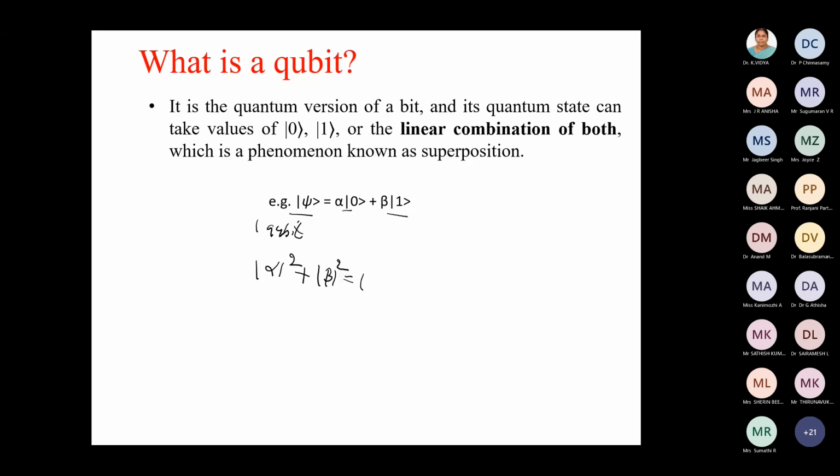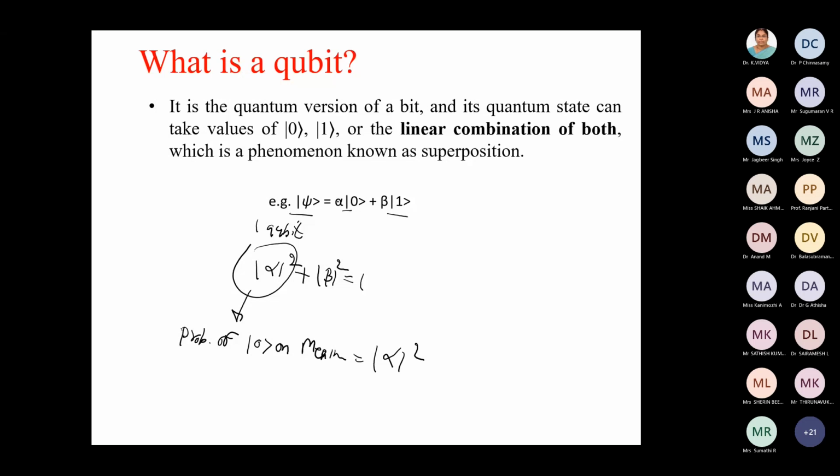Why so? Because |alpha|^2 is the probability of measuring 0. Try to understand this, because it's a very important concept. Alpha is the amplitude of state 0, beta is the amplitude of state 1.